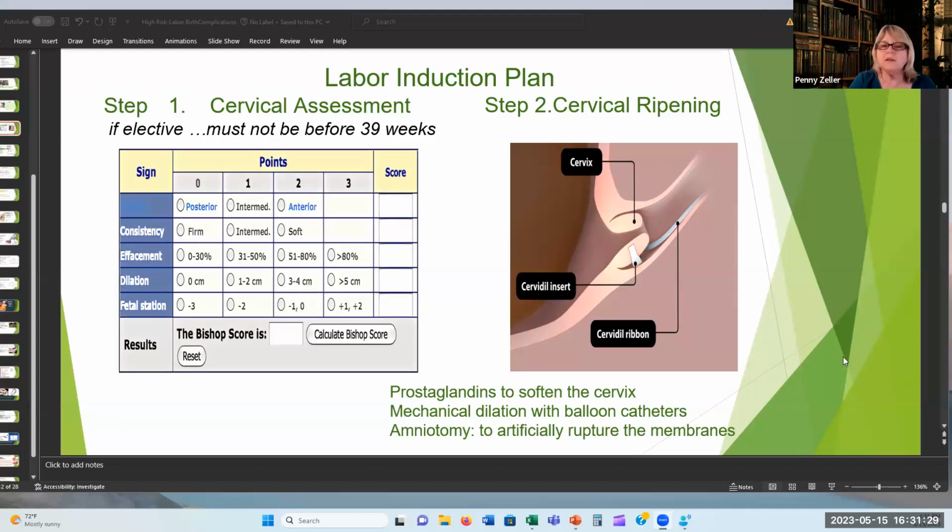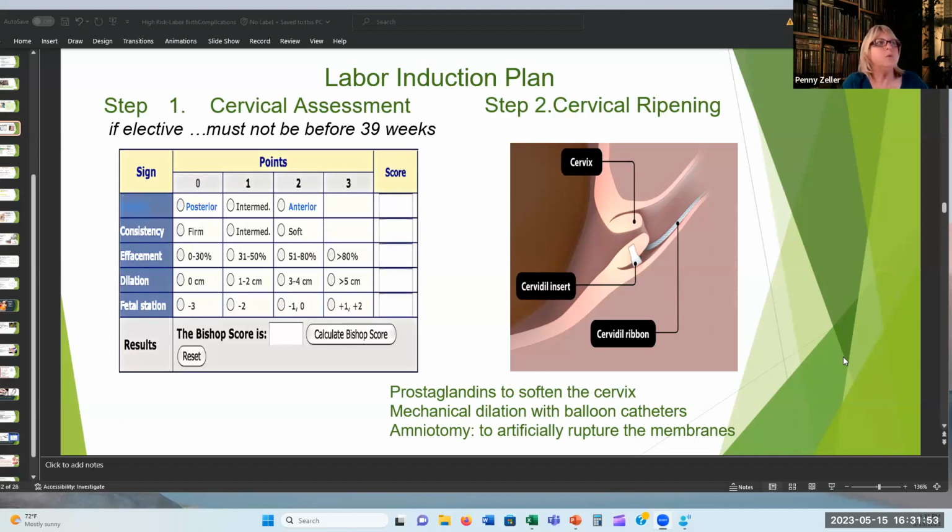If not, then we're going to use what we call a prostaglandin, the most common method. A prostaglandin is a drug that we put into the vagina. We put it behind the cervix in the fornix of the vagina, so it's up next to the cervix. This will help that cervix soften.